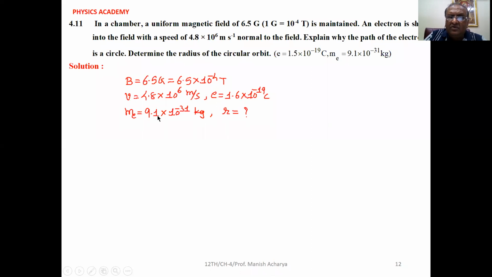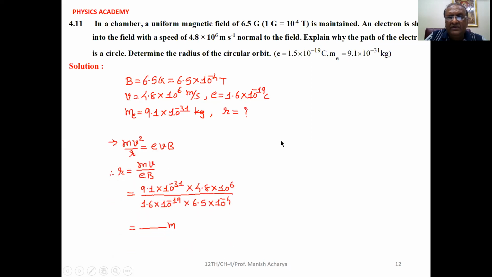And the mass of the electron is 9.1 into 10 raised to minus 31 kilogram. Now, what is the radius of the circular orbit that we want to calculate? Here, the electron will execute circular motion. Why?